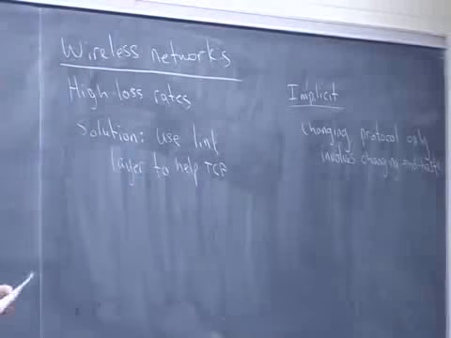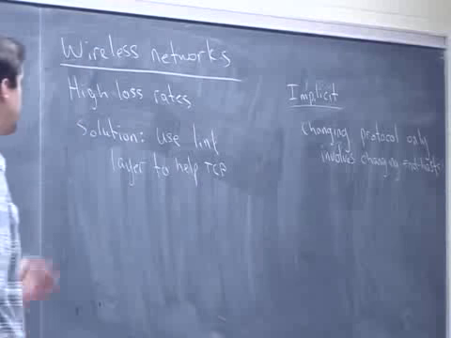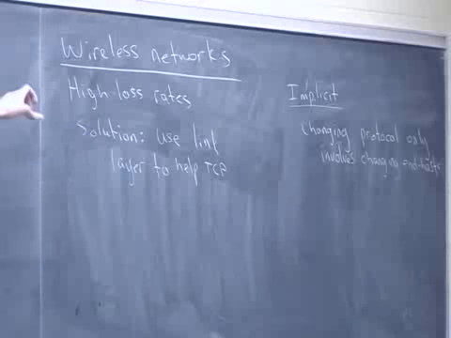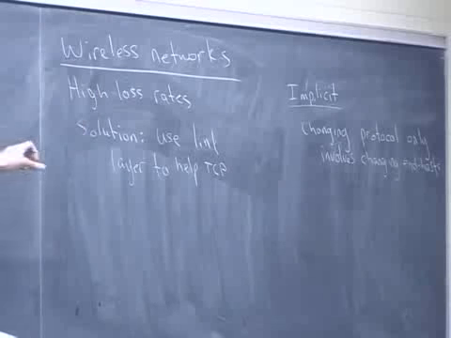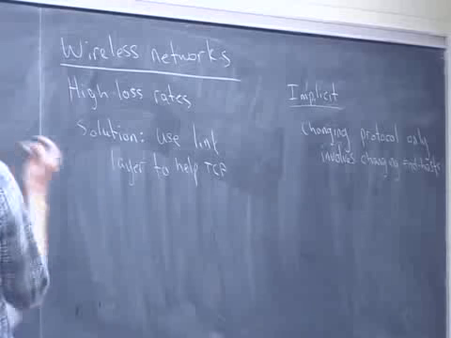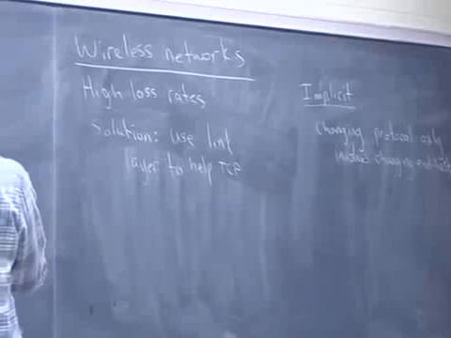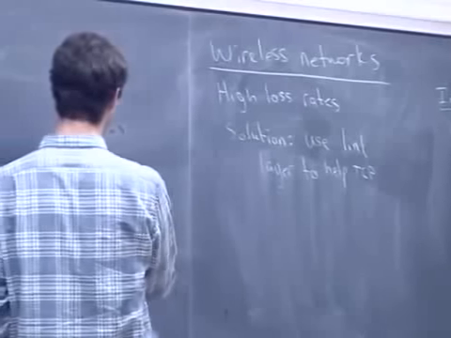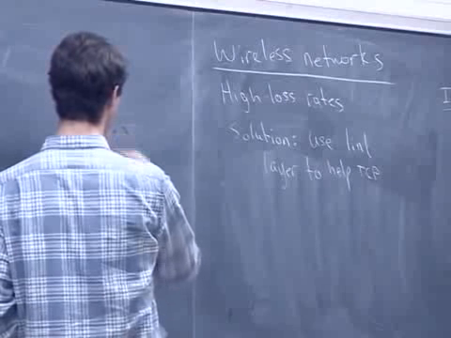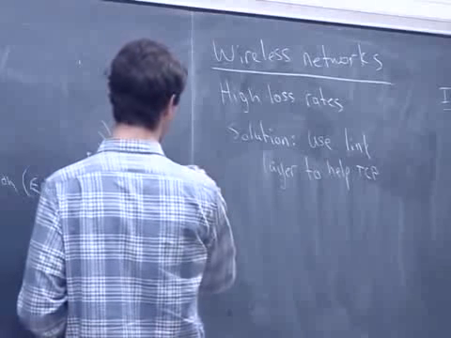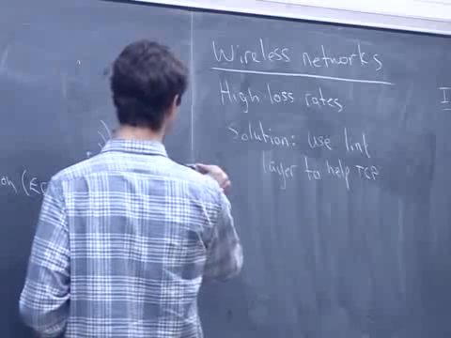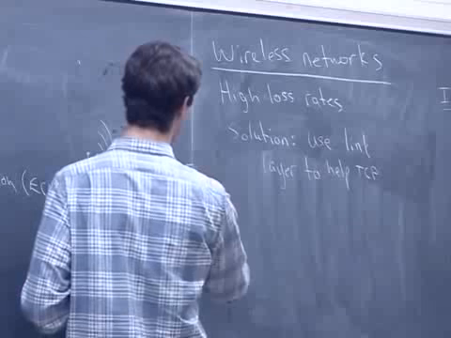Okay, so last week we talked about these different layers: we have the application layer, then the transport layer, then the network layer, and then the link layer. The link layer is responsible for communication across a single link. So in this case, we have an access point, or something like that, communicating wirelessly with another network card, let's say in your laptop.